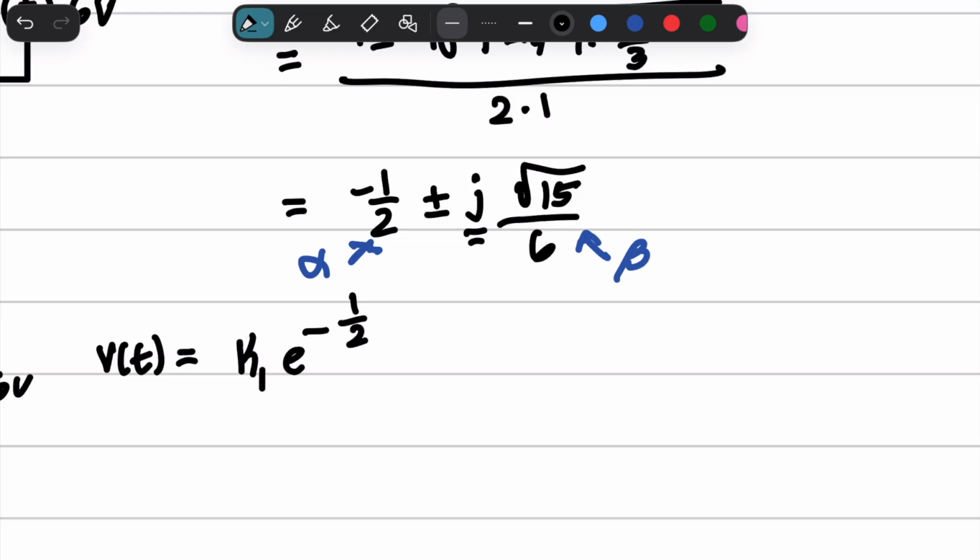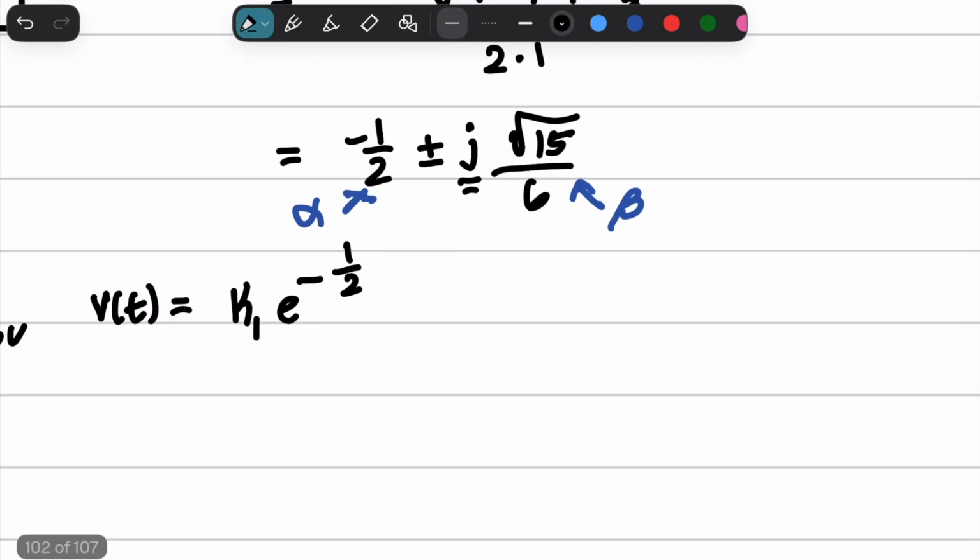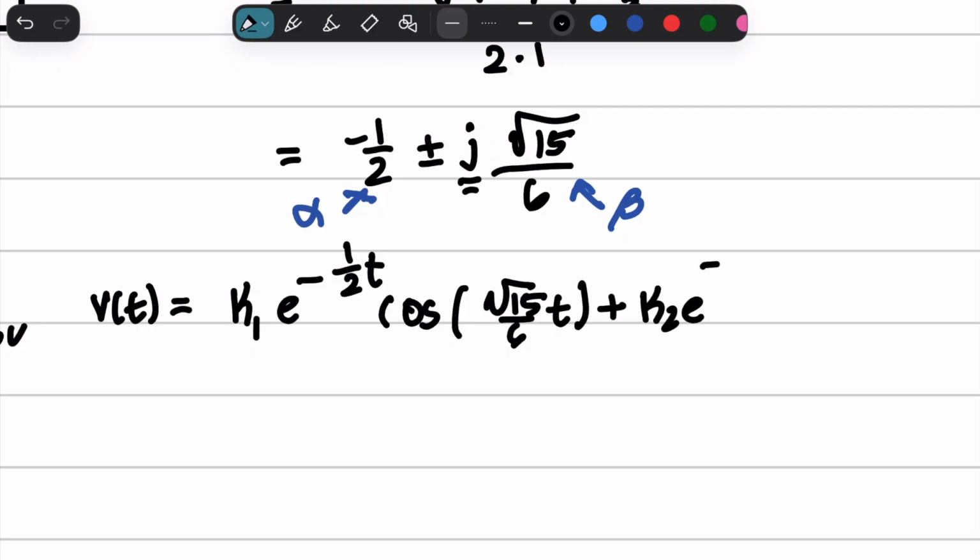We're trying to encode more information so that we can describe holistically what is happening. And so we've got the t right here, cosine of root 15 6th t plus k2 e to the -1/2 t sine root 15 6th t.